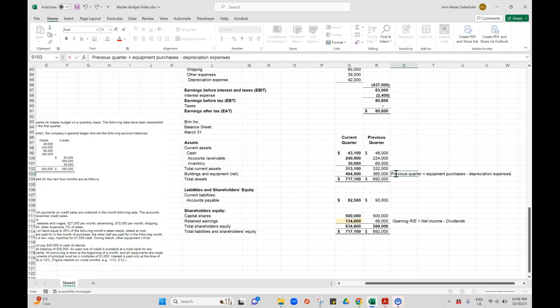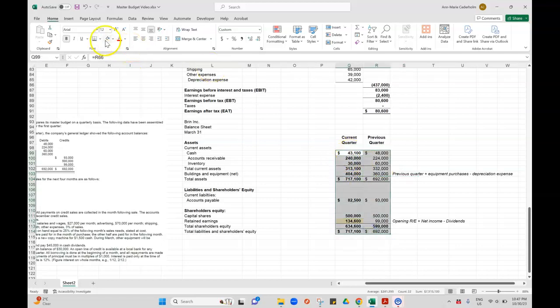And then that will give you your new building. Okay, so now that we've balanced, I'm pretty happy, and we are done the master budget.